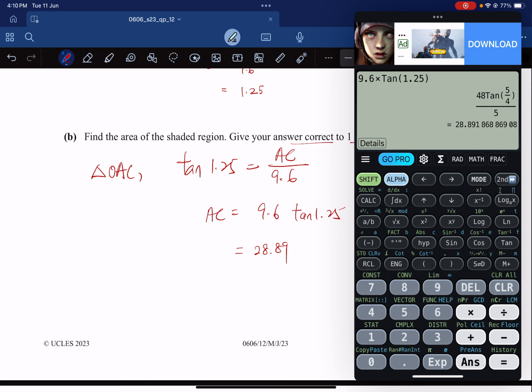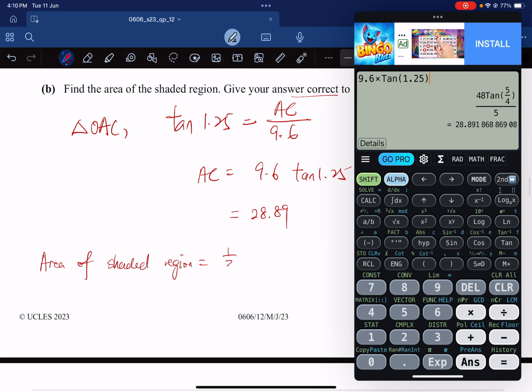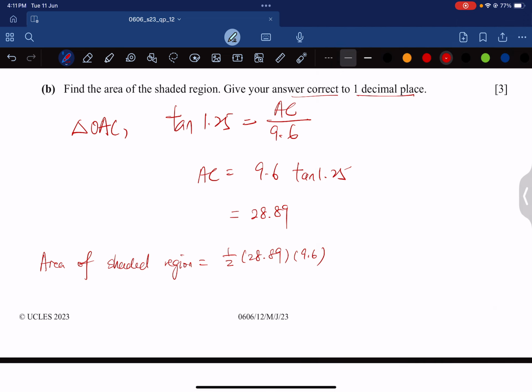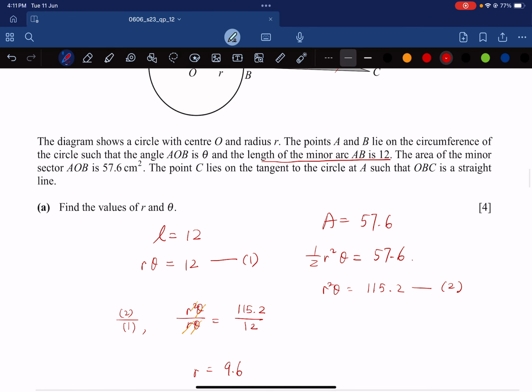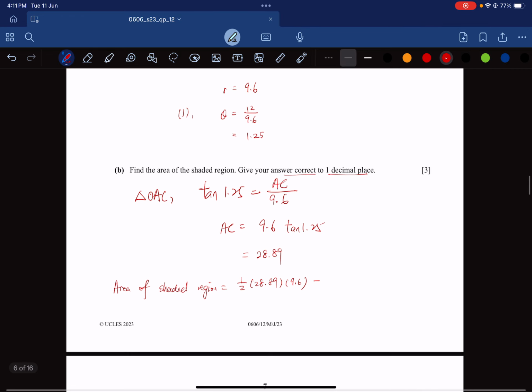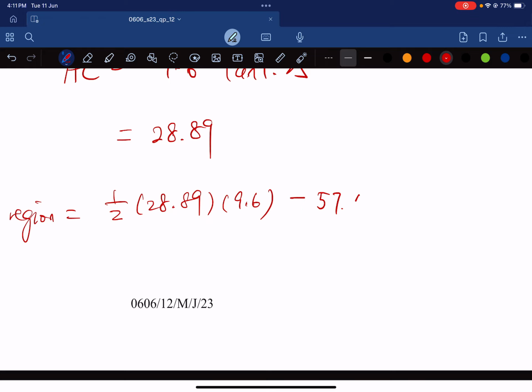So the area of the shaded region would be 1/2 times base times height, which is the radius 9.6, minus the area of the minor sector, which is given by the question, 57.6.